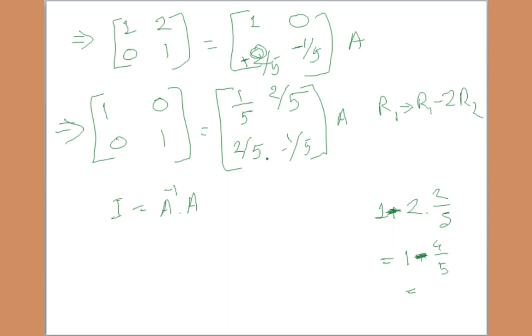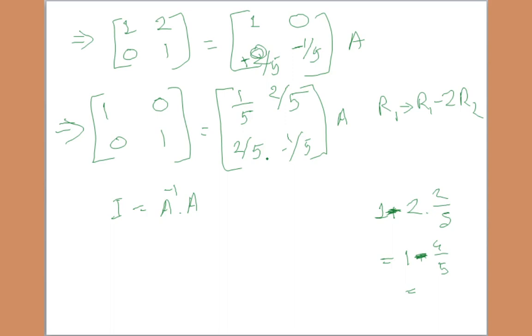By using row transformation, we can find the inverse of a matrix like this. Another rule is there in the chapter determinant.